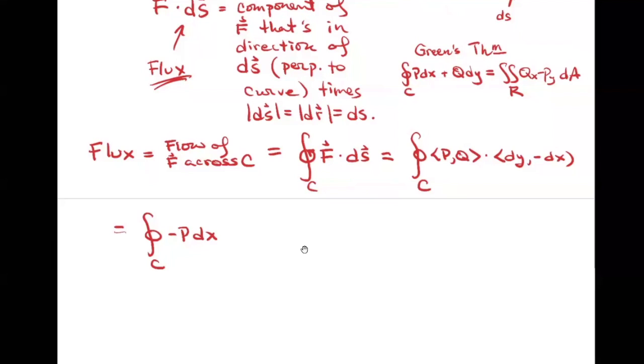Did I get this screwed up? I'm sorry. It's negative q dx plus p dy. Okay, that's just doing the dot product and changing the order, which is fine.